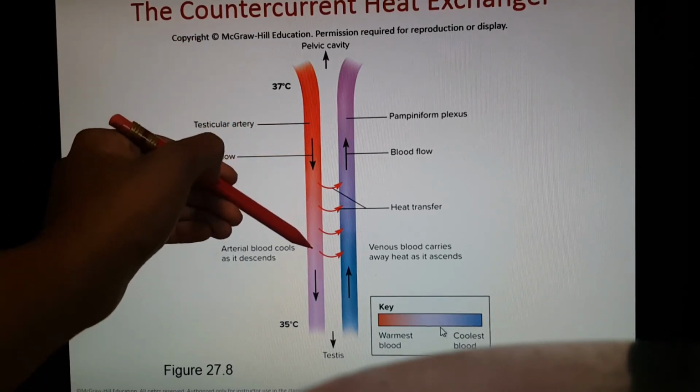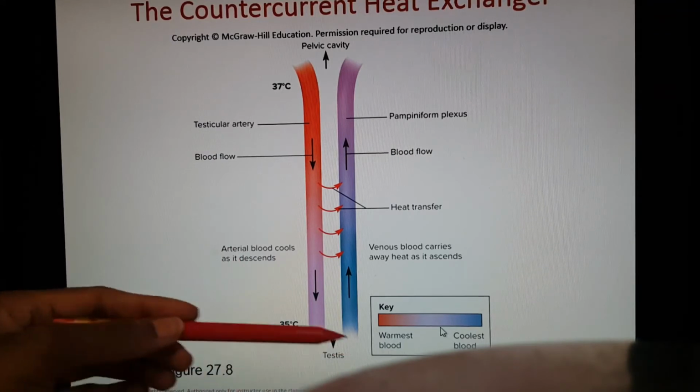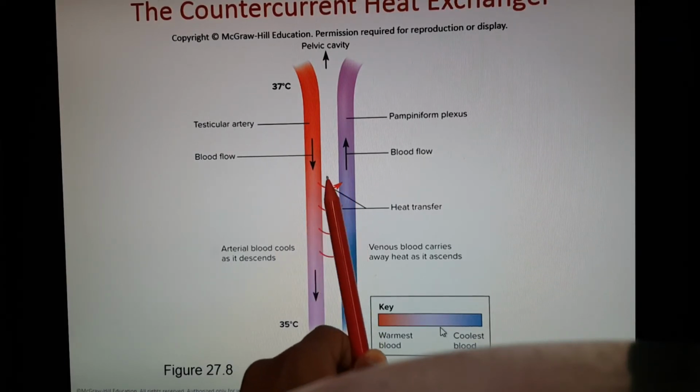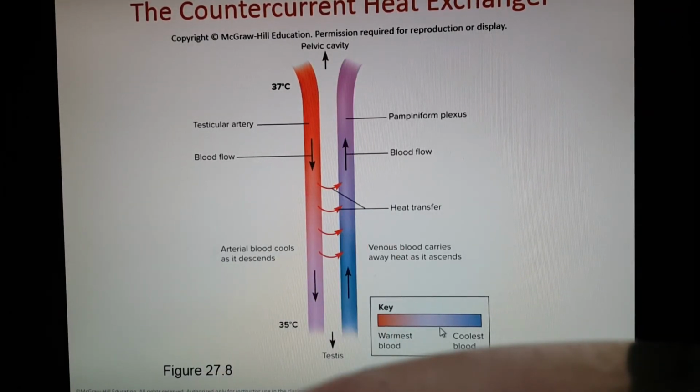It cools down as it goes towards the testes, and then blood flows through the testes, all the way away from your core body temperature, so it cools by a few degrees. As that blood starts going back up towards the body, past the testicular artery, it's a lot cooler, so it steals heat away from that artery and starts to warm up as it goes back up towards the actual part of your body.